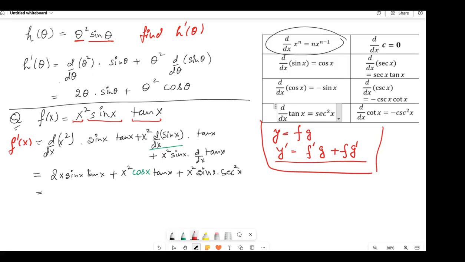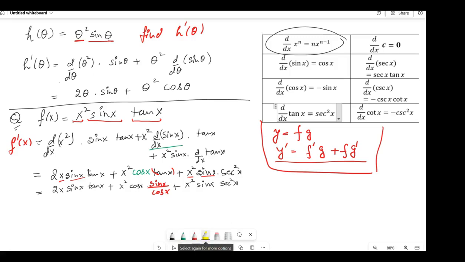Now if you notice, there is x in each of the terms, but actually sine x is in the first and the last term, but I can write it one more time and show you that actually sine x is also in all of the terms. X square cosine x tangent x can be written with tangent as sine x by cosine x, okay, plus x square sine x secant square x.